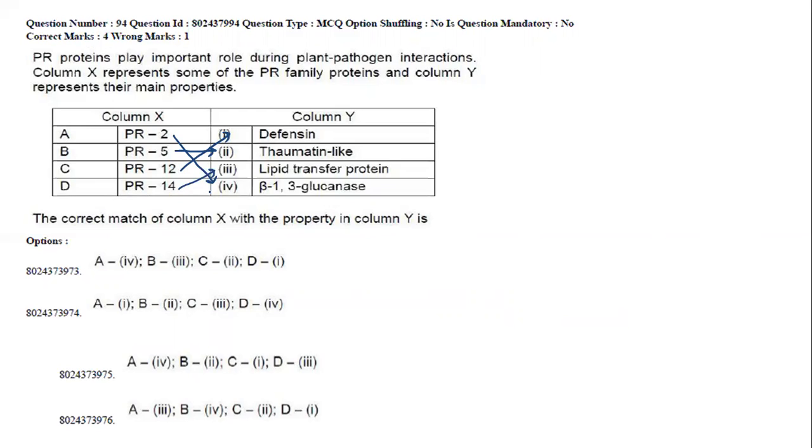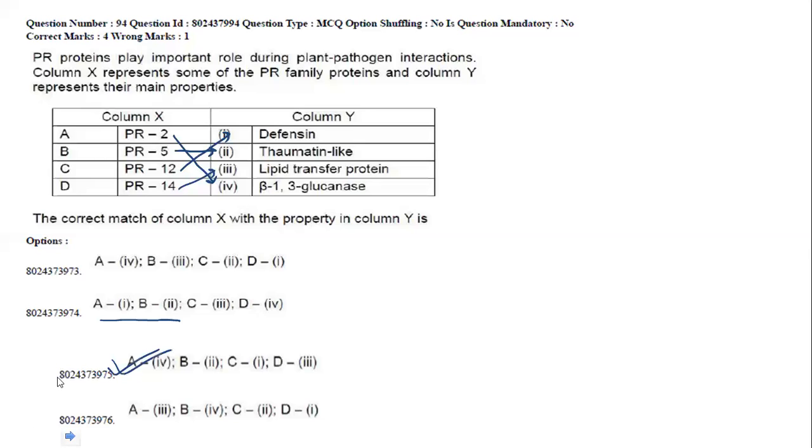There are some options related with plants. See that option, which option will be correct? A4, B2, C1, D3. So option 3 is the correct answer.